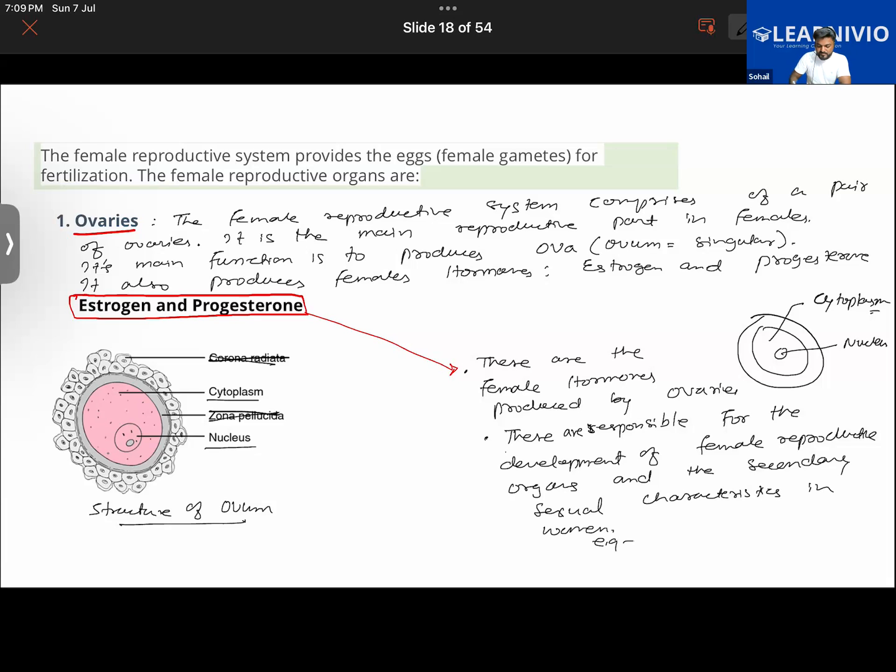For example, development of breast, growth of hairs in the armpits and pubic hairs.